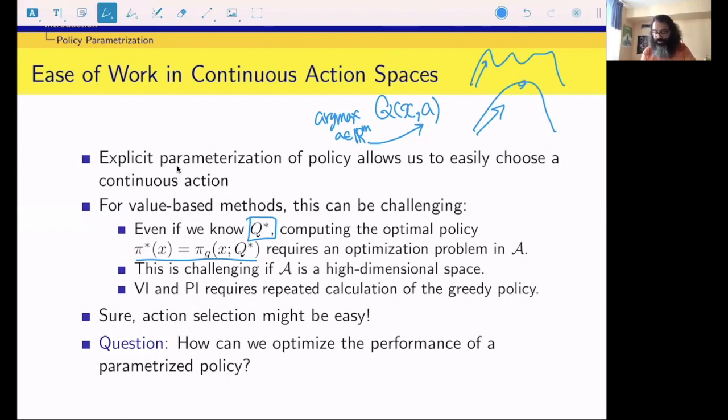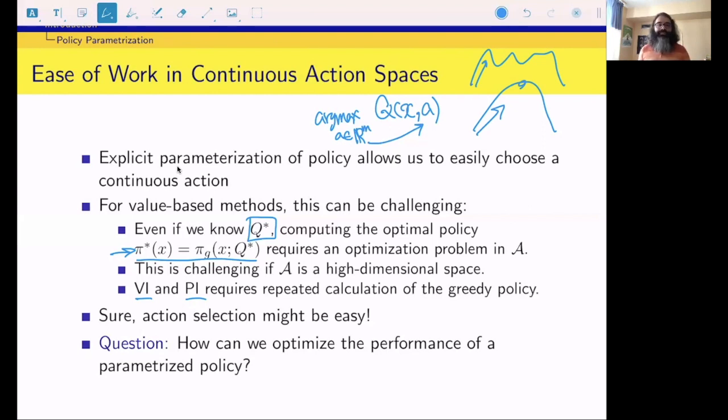It is not only for the greedy policy or computing the optimal policy, but even within value iteration or policy iteration, and all the algorithms that we derive from that, for example Q-learning, fitted Q-iteration, LSPI, and all those methods, they also require the computation of the greedy policy because of the policy improvement step. And that requires this calculation. So this makes purely value-based methods a bit difficult to work with continuous action spaces.